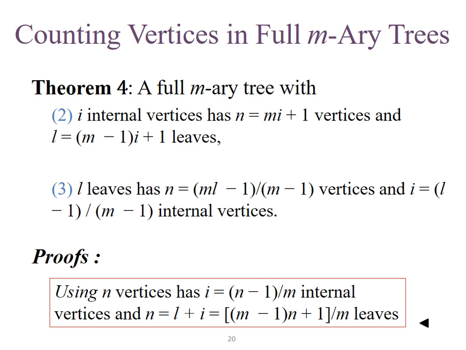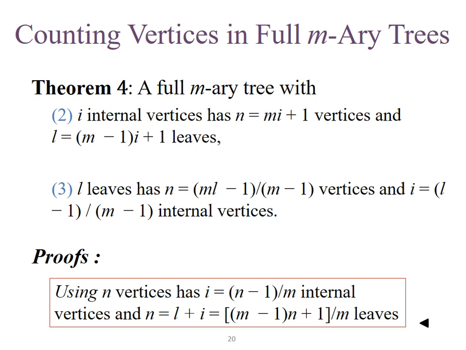Now what is l? The total n equals internal vertices plus leaf nodes, and we know l equals n minus i, right?